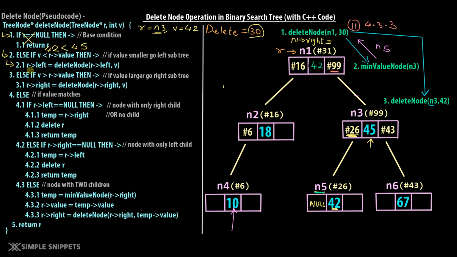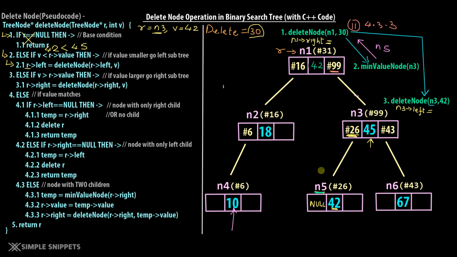And at step number 2.1, we are saying R of left. So let's write R of left. R is nothing but n3. So n3 of left equal to, we are calling one more delete node because now we have to traverse to the left of n3 because n5 is supposed to be deleted, not n3. So you'll have to traverse over there, right? So this is something which is exactly same that we did for deleting a node for a single child or for a leaf node.